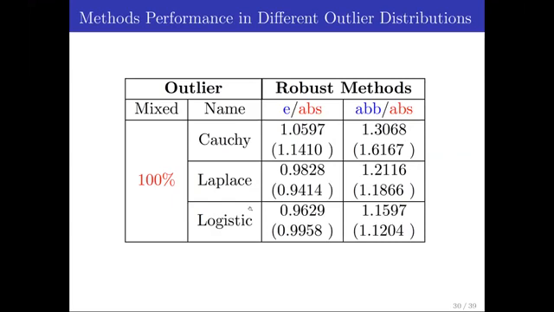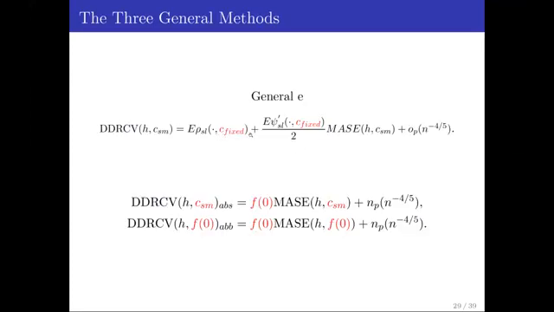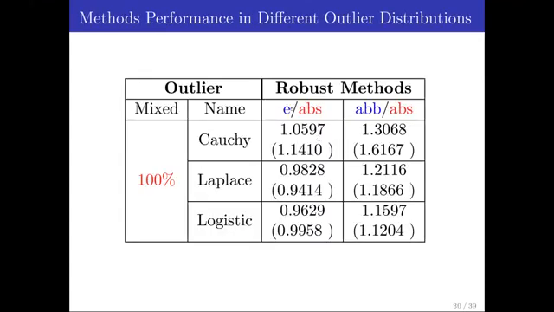And generally, we see that in the 100% mixed situation, ABS performs better than ABB, and ABS performs closer to the general method E. And remember that when we set these experiments, we already know the perfect number for C, which is equal to 0.5. That means if the method ABS performs closer to the general method E, then we think ABS should be our choice.